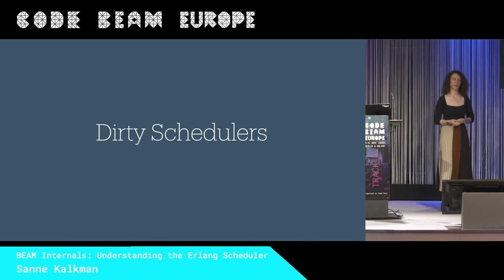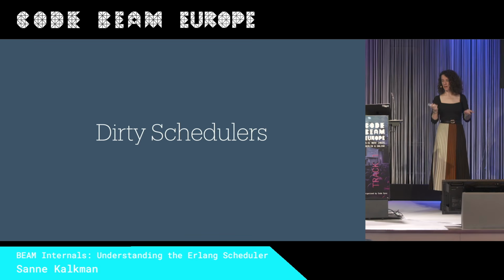Generally speaking, you have the same number of regular schedulers as you have dirty schedulers. And you can have a lot of schedulers. I forgot the exact number, but theoretically you could have thousands and thousands of schedulers, but most of the time you'll have one per CPU core, because if you have more, they don't really do more parallel work anyway.